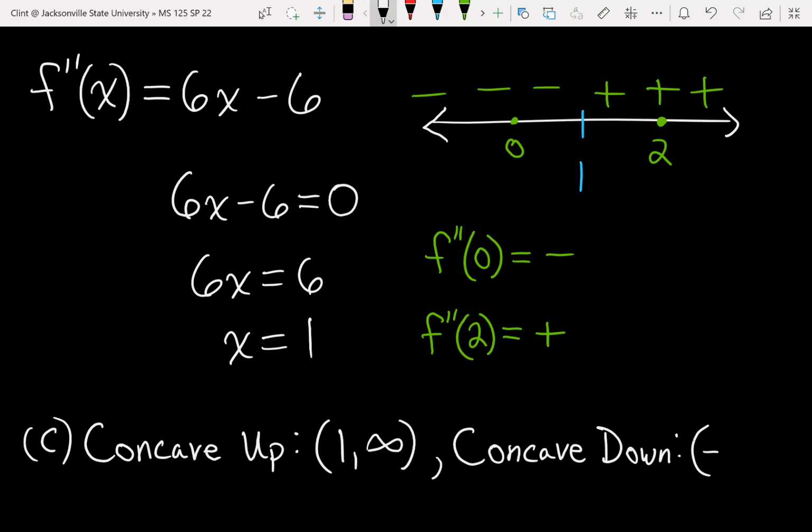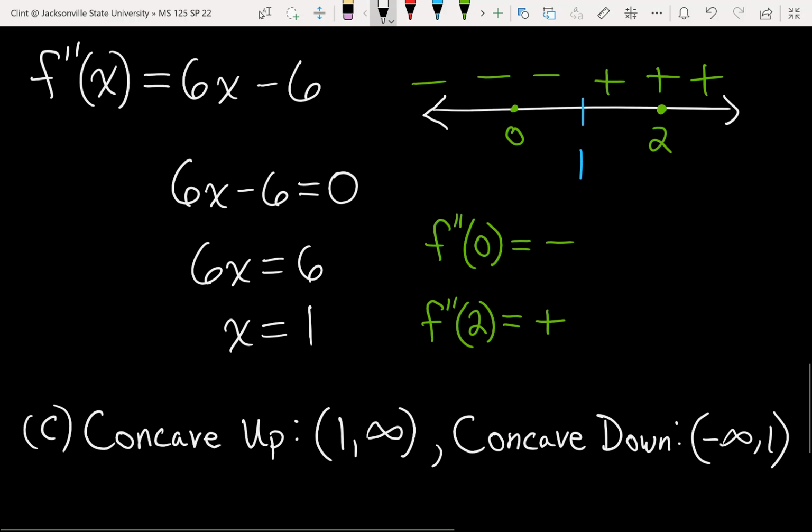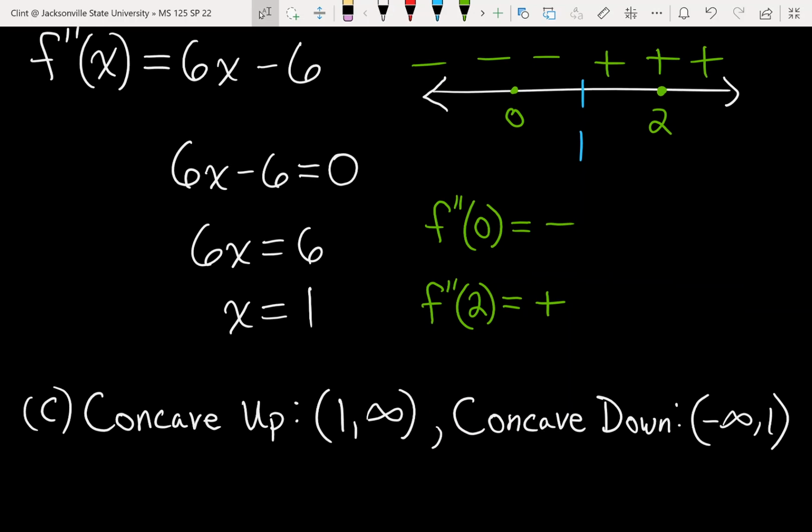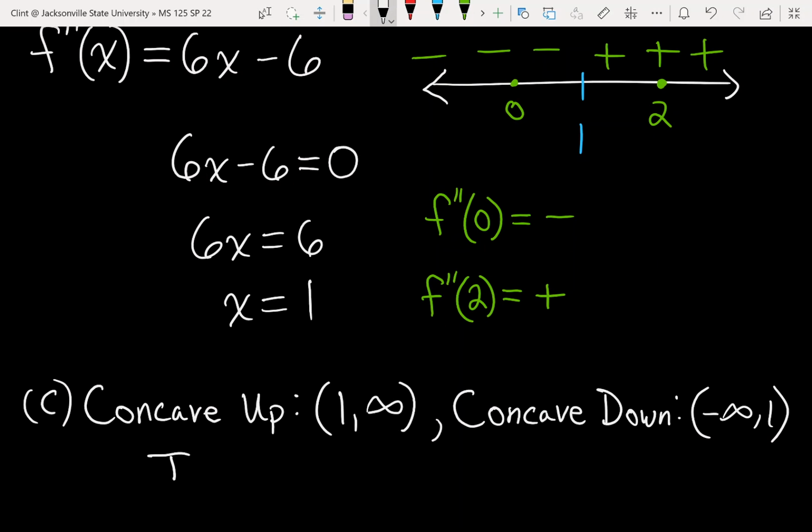So concave down from negative infinity to 1. And then what point do we switch? x equals 1. So we have an inflection point at x equals 1. I don't remember if WebAssign makes you actually put it in point form, or if it'll just let you give the x coordinate.